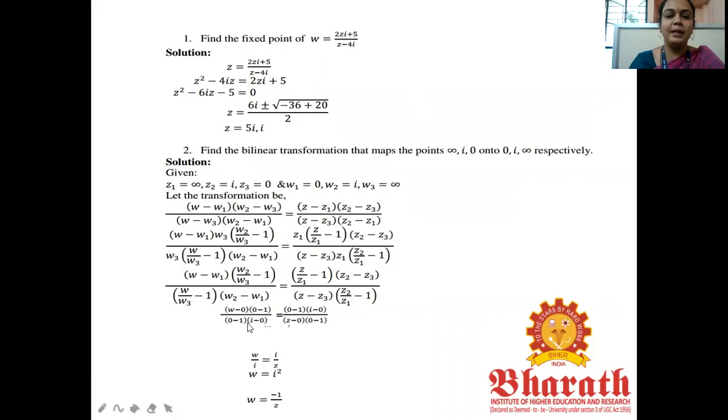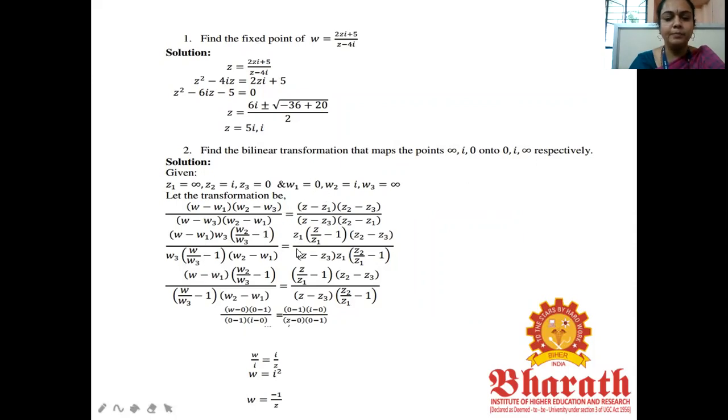Next, find the bilinear transformation that maps the points infinity, i, 0 to 0, i, infinity. So the first set of points is considered as z1, z2, z3, that means 3 points in the z plane. Similarly, in the omega plane, omega 1 is 0, omega 2 is i, omega 3 is infinity.